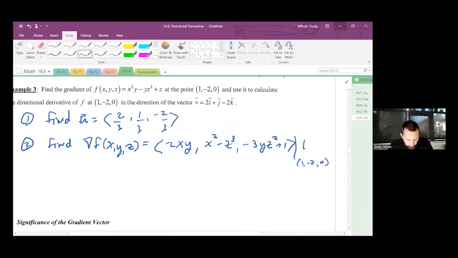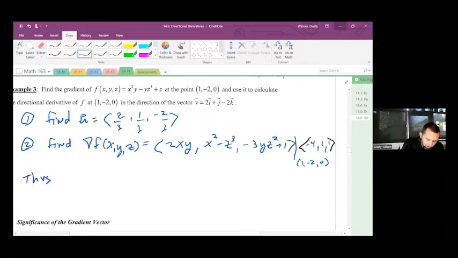So let's see, that would be 2 times 1 times -2, so that'd be -4, and 1, and 1. Oh, I have it written as a point. This should actually be a vector, not a point, because it's a gradient. And so 3, we can find our directional derivative.